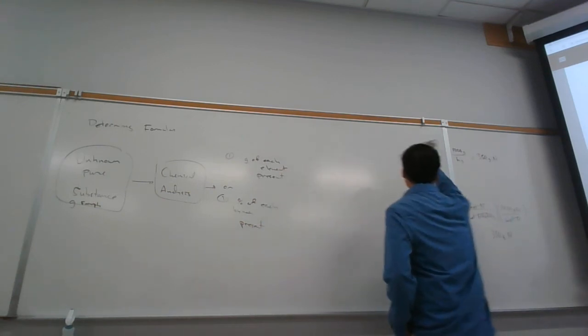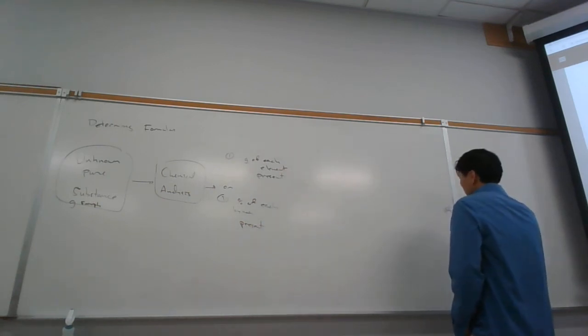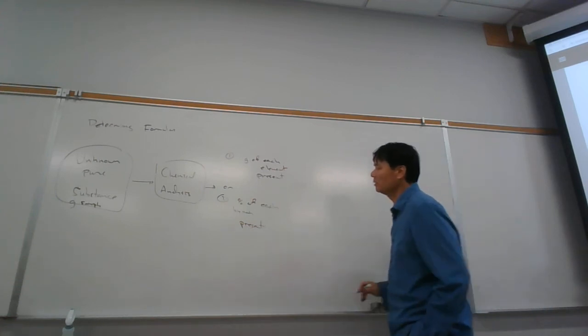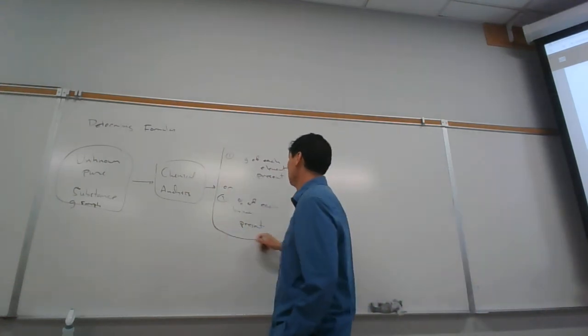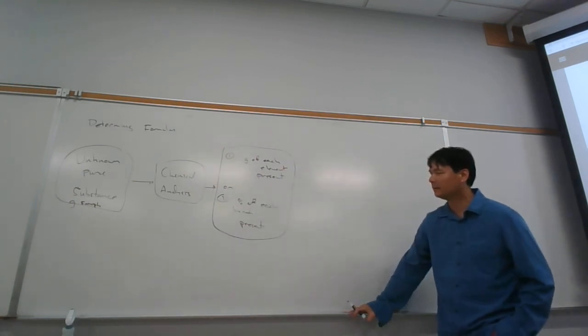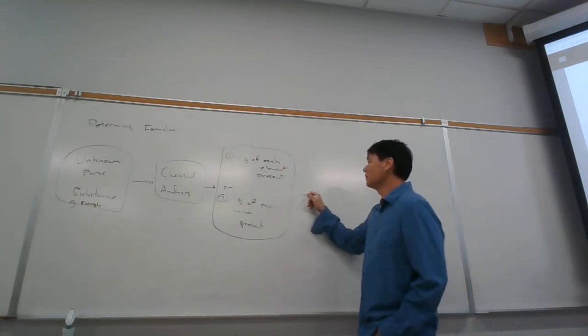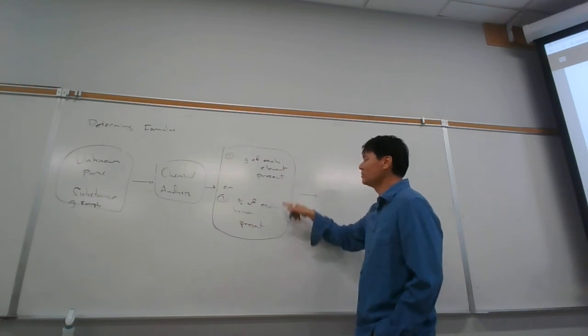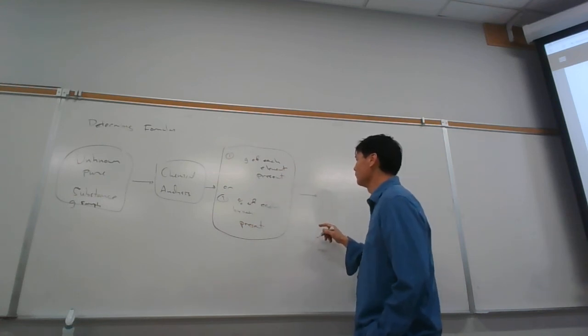A formula is not a mass ratio. Like the mass ratio for water is H11O89. That's not very useful. And so what we're going to do is we're going to convert the mass ratios here into mole ratios.